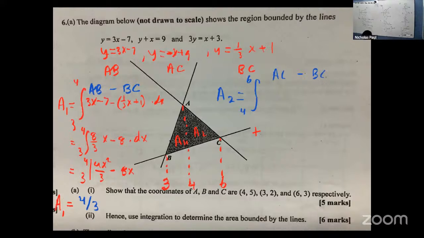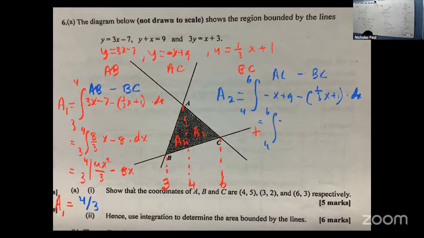AC is minus X plus 9 and BC is 1/3 X plus something. Right, so then integrate between 6 and 4.